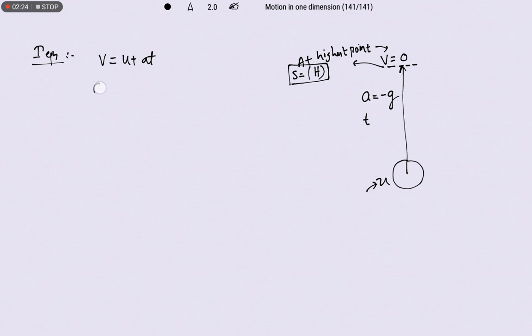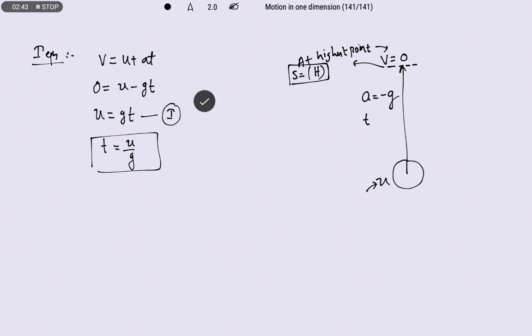Final velocity becomes 0. It has some initial velocity u. Acceleration is minus g, into t. Therefore u equals gt. Therefore t equals u by g, we can write. So if you observe, this is the first equation of motion for an object which is thrown vertically upwards and moving under the influence of the gravitational force.